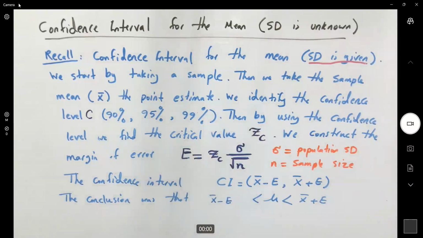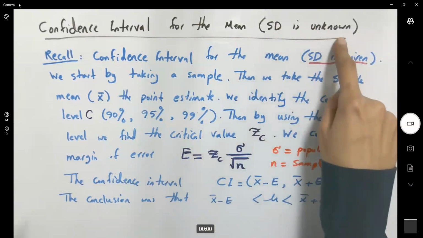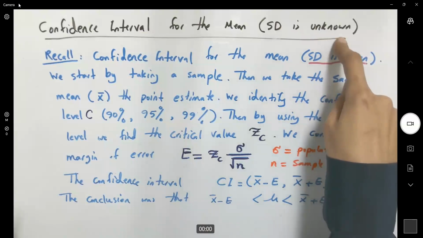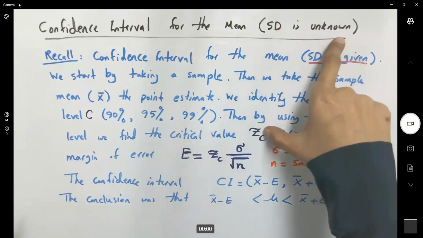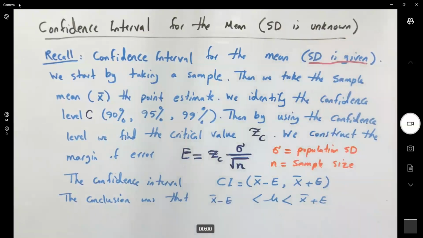In this case, if the standard deviation is not given to us, we're going to use a T distribution, and instead of finding ZC, we're going to find the critical value T sub C. So this is the case that we have.